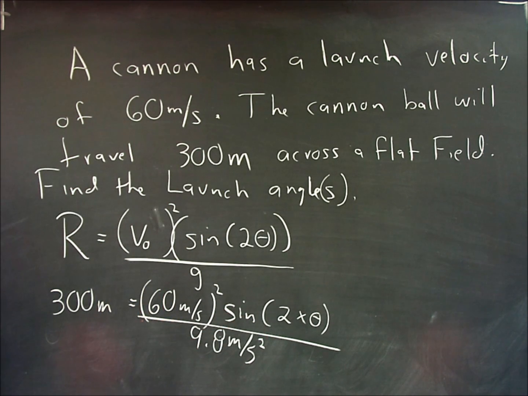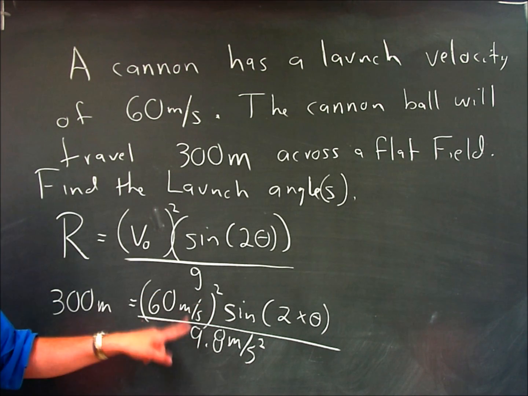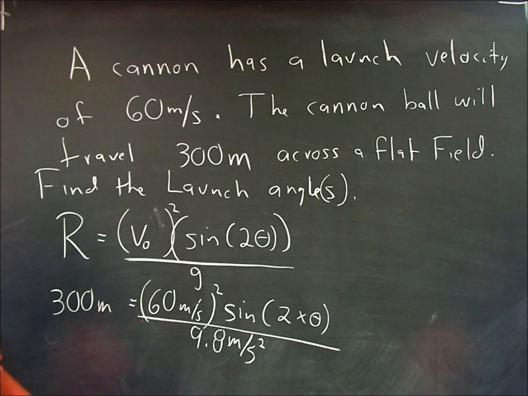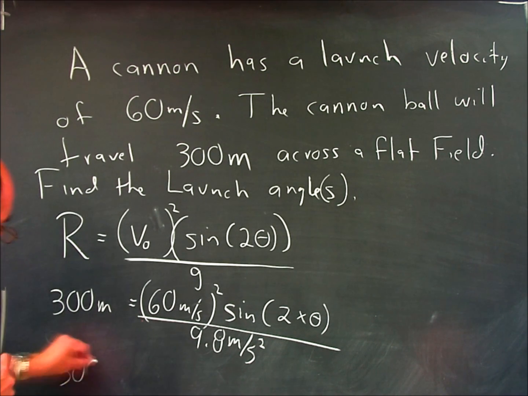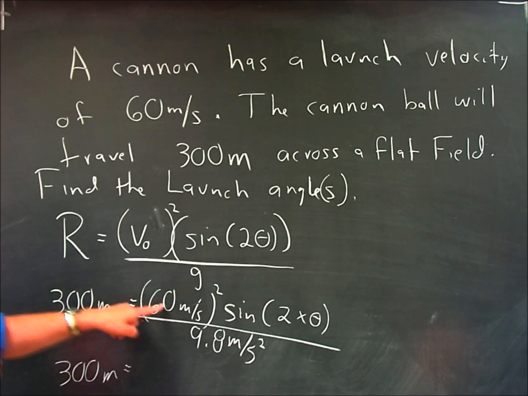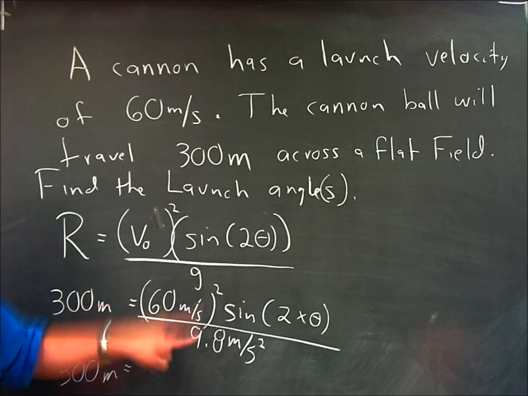So if I go and try to solve this, I'll do just these pieces right here. So I'm going to get 300 equals, so let me do 60 squared, which is 3,600, and divide it by 9.8.